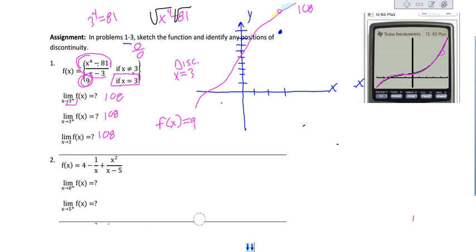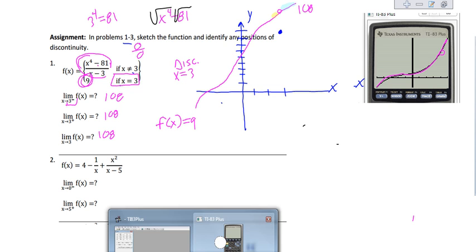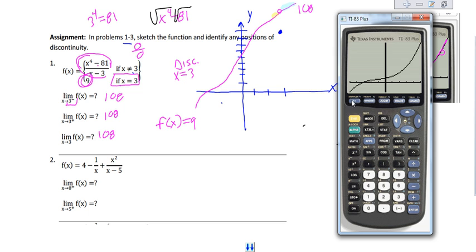The next problem says, still part of the sketch, right? Well, certainly this would have to be a calculator problem. So let's go ahead and clear this function out and do 4 minus 1 over x plus x squared divided by, put parentheses around the denominator, x minus 5.